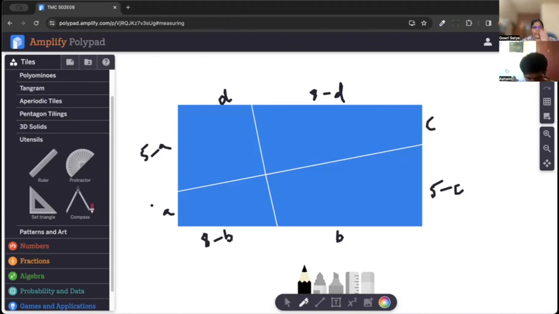Now if you rearrange it, you will have a rectangular hole in the middle.